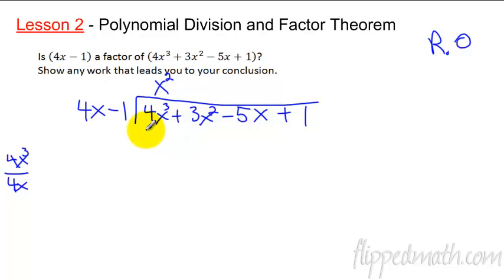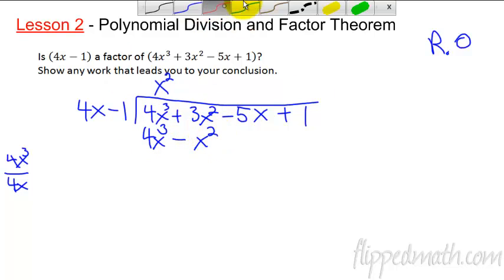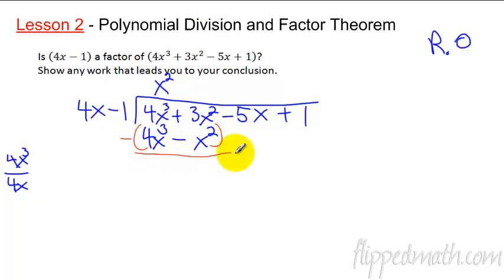All right, x squared times 4x is 4x cubed, and then x squared times a negative 1 is a minus x squared, and then I'm going to be subtracting this entire line. So subtract that whole line, and I get, this is gone, 3x squared minus a negative means plus, so 4x squared minus 5x plus a 1.